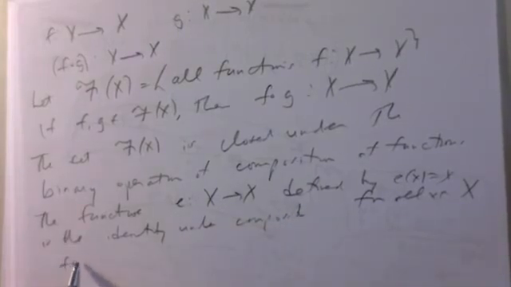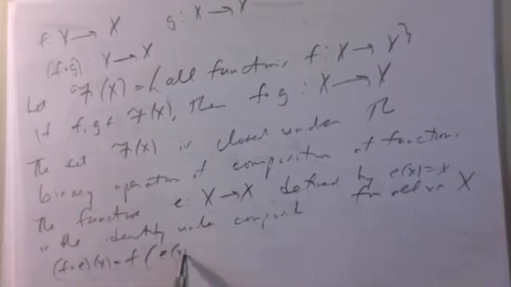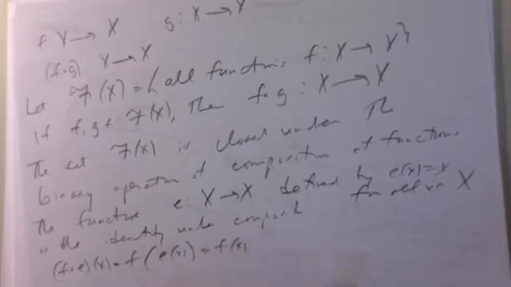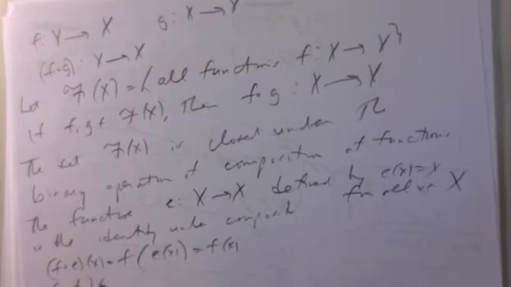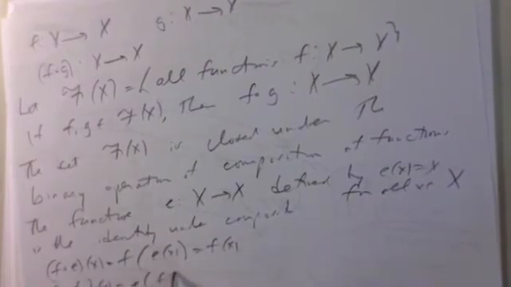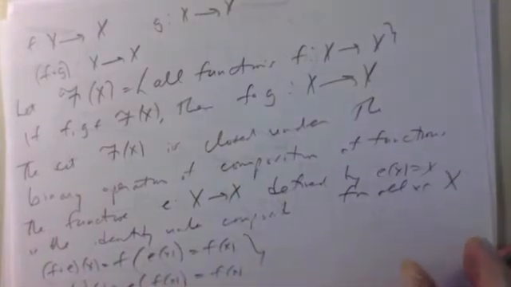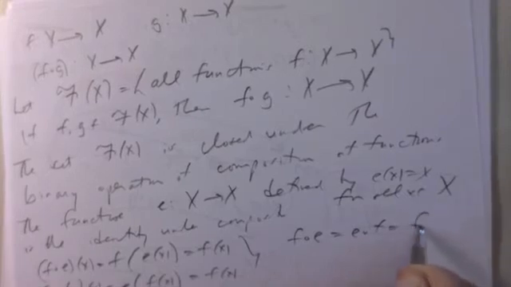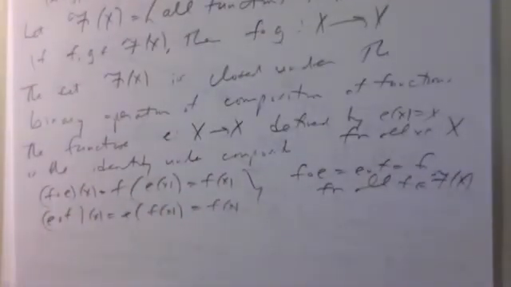If you take f composed with e of x, that's f of e of x, that's f of x. And e composed with f of x is e of f of x is f of x. So f composed with e and e composed with f is equal to f for all f, a function from x to itself.